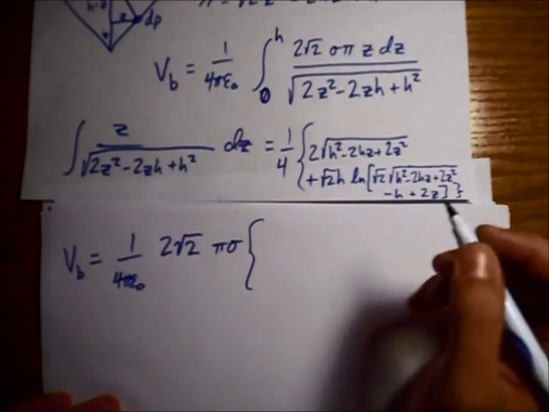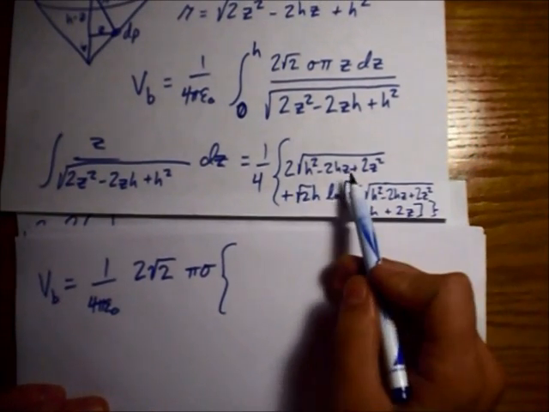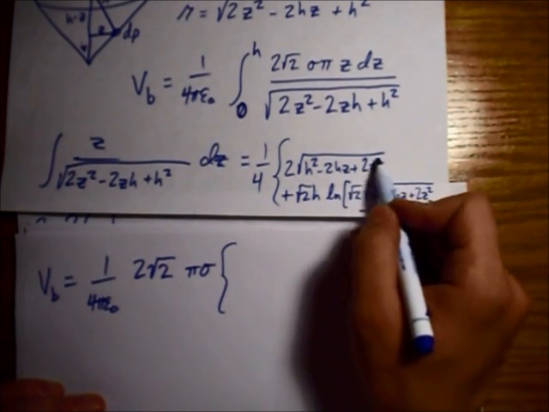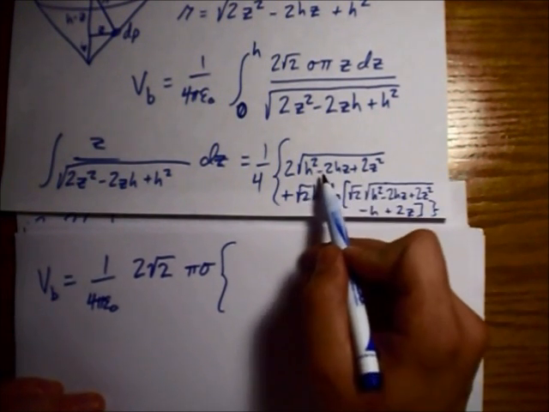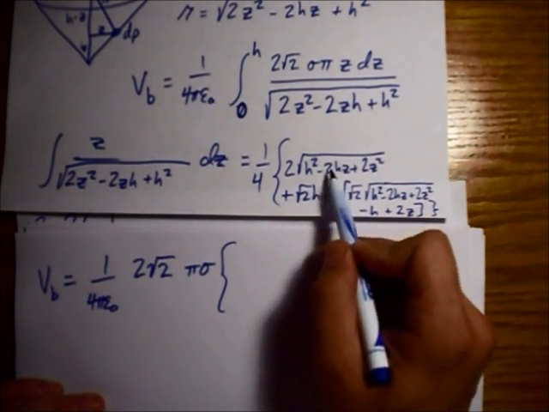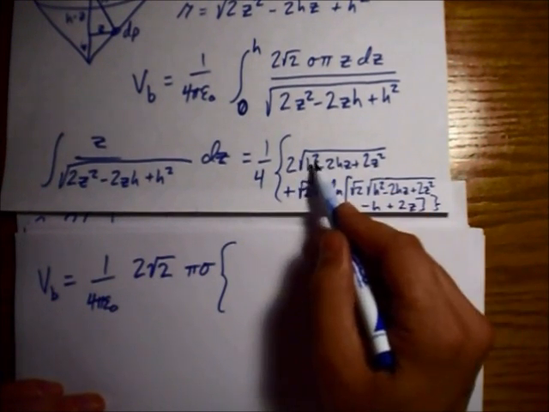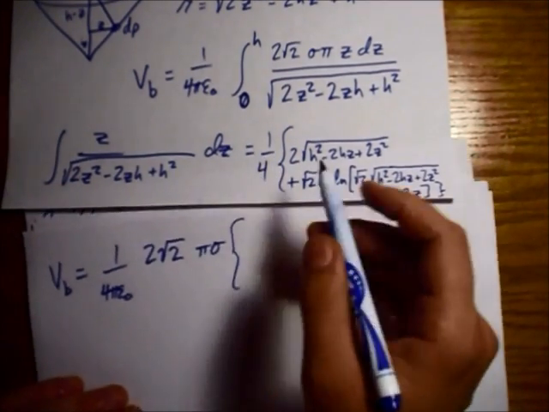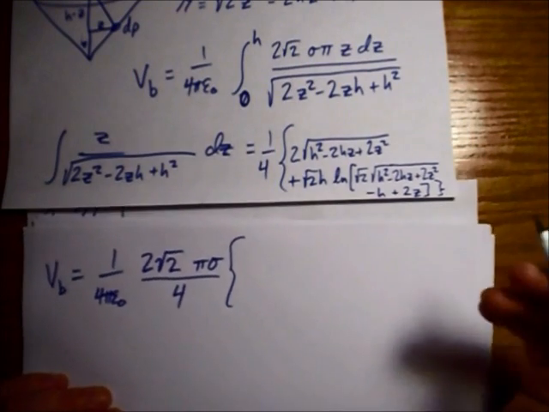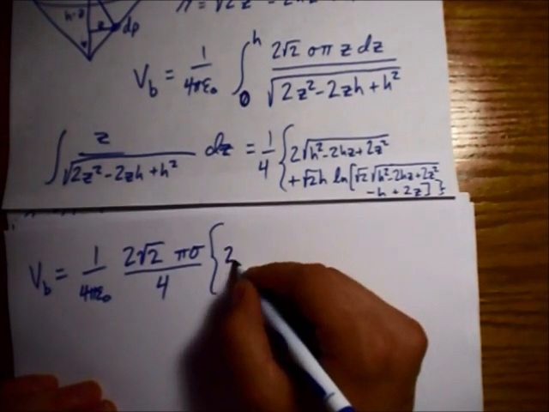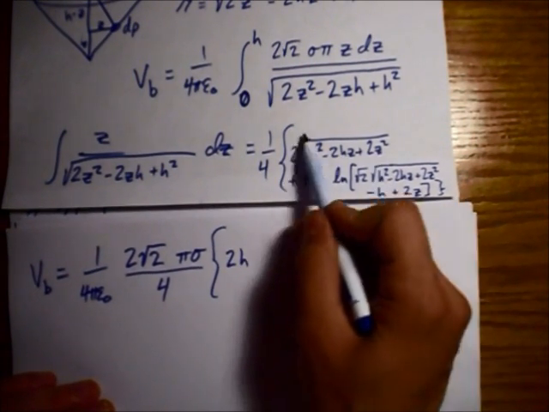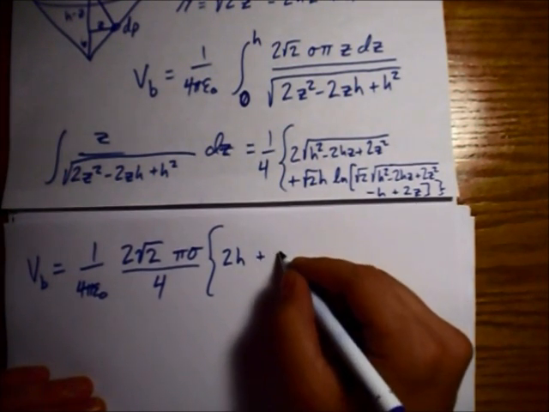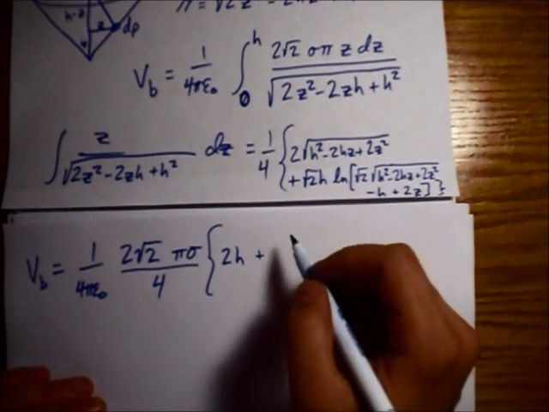So plugging h into this, we get a 2h squared here on this term, and we have a minus 2h squared of this term. So we just get the square root of h squared, so just an h. Let me go ahead and bring this 1/4 out front so we don't have to worry about that. So here we have a 2h for this first term. Now we're plugging in h for this other part here.